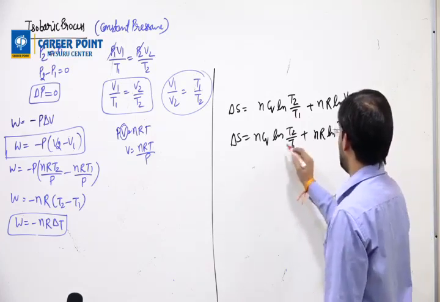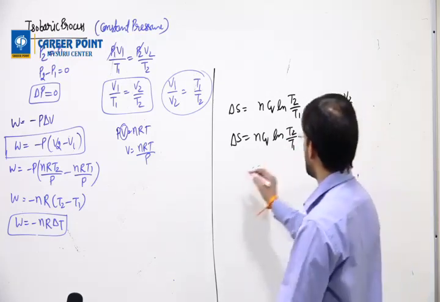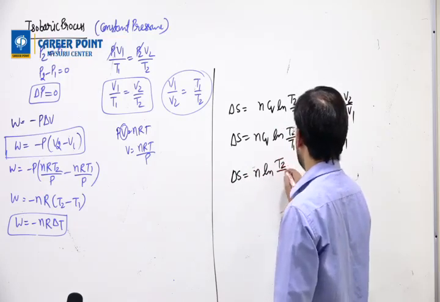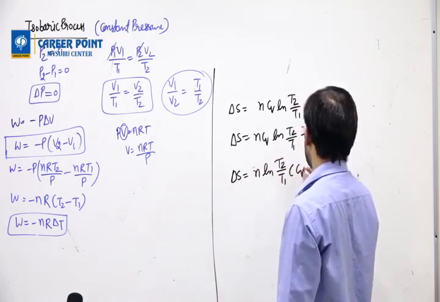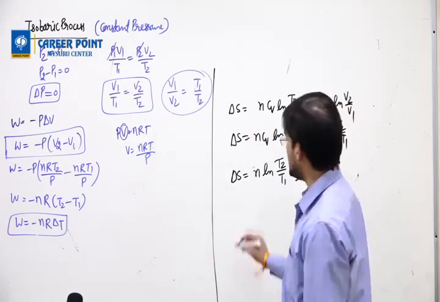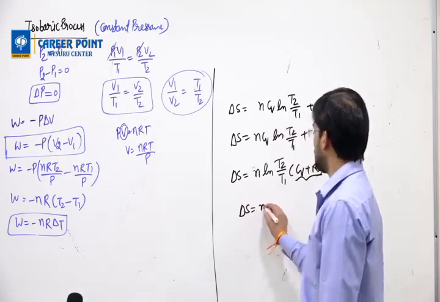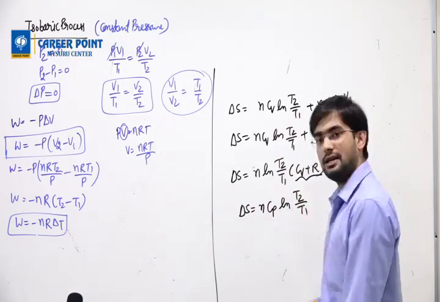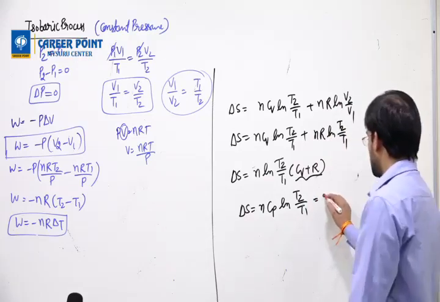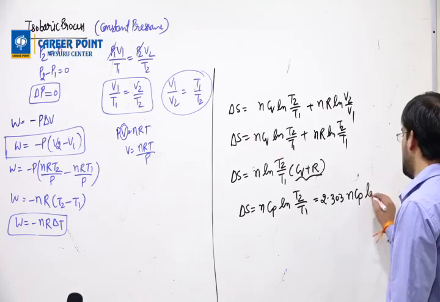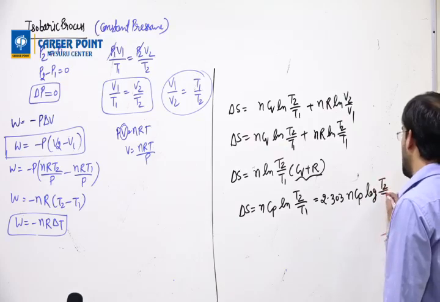Now you will see ln T2 by T1, ln T2 by T1, n is also common. So here also I can write delta S equals to n ln T2 by T1 bracket CV plus R. CV plus R is CP. So delta S equals to nCP ln T2 by T1, or 2.303 nCP log T2 by T1.